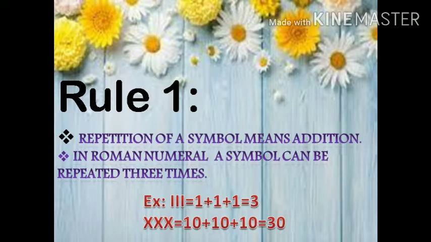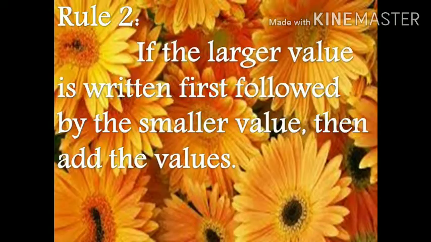So 1 plus 1 plus 1 is equal to 3. Next, XXX is written, that is triple X. What is the value of X? 10. So 10 plus 10 plus 10 is equal to 30. So from this, we should know that a Roman numeral can be repeated 3 times.